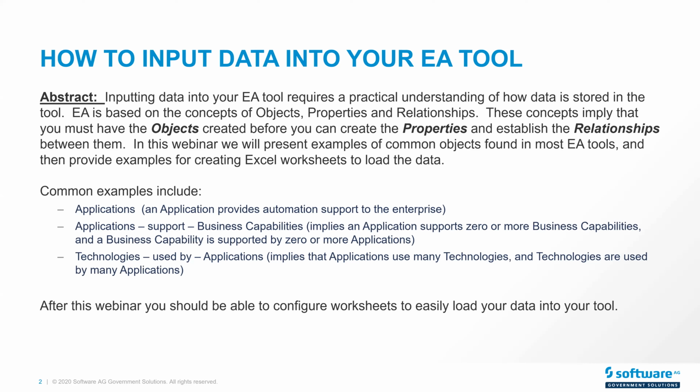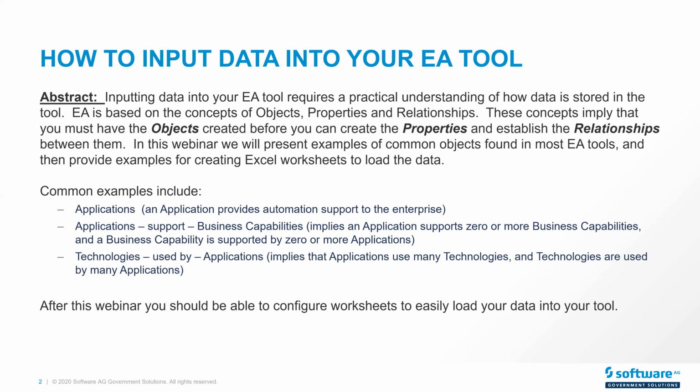So an application list is what you need. We also talk about applications and their relationships to other things, such as applications that support business capabilities. And then we'll certainly look at some of the technologies in EA tools. How are technologies used by applications? And then show me the applications that use the technologies.